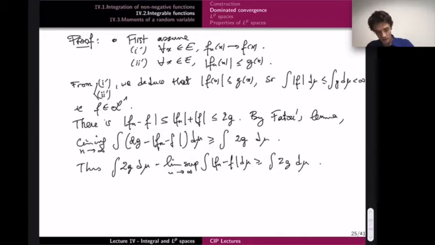So why is this true? Because this quantity here is equal to this one, since I just use the linearity of the integral, so that gives me the integral of 2g minus the integral of |fn - f|.